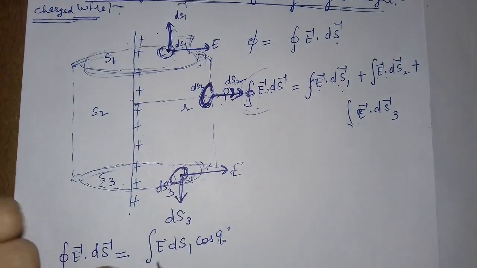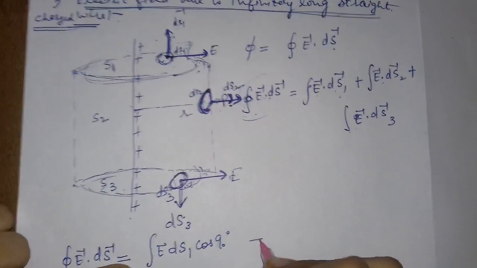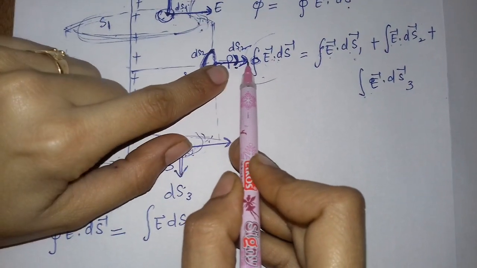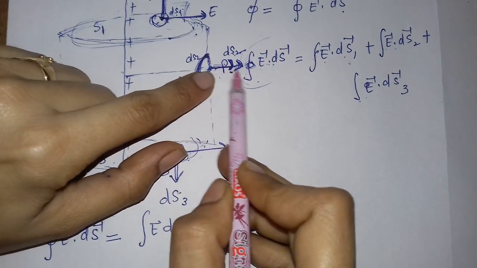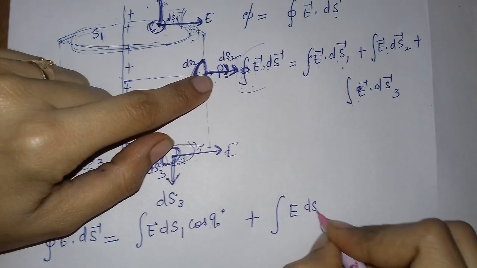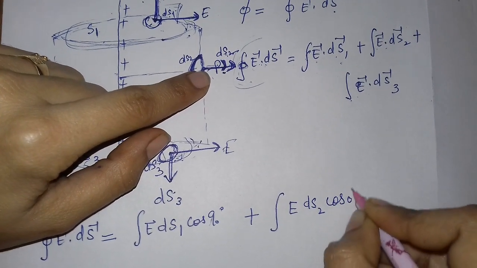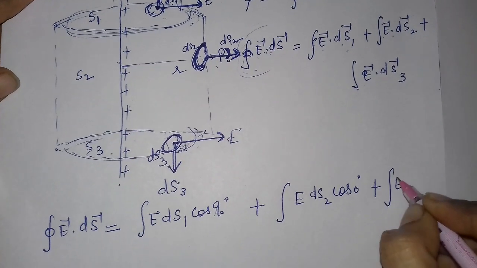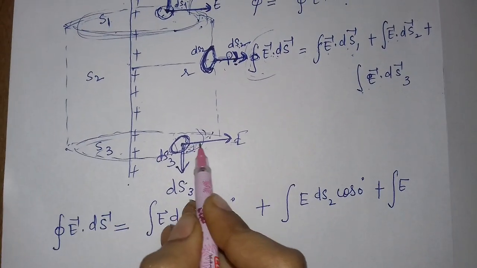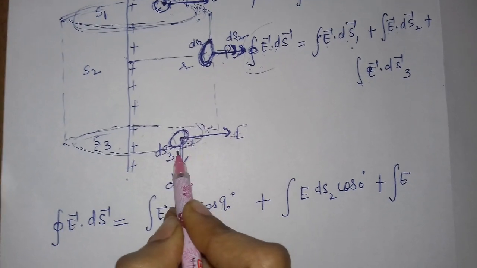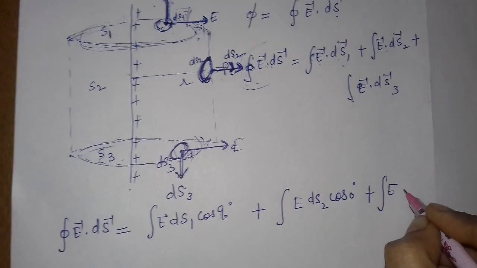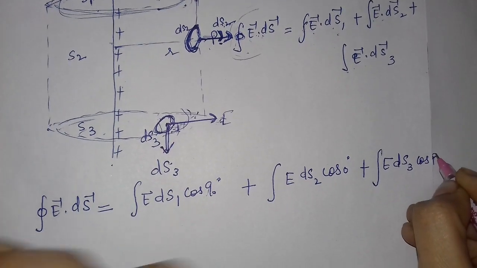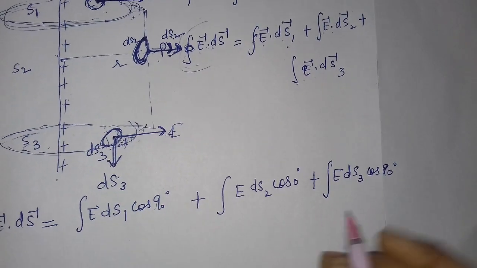This is over the surface S1. Then plus E ds2 cos 0 degrees, because the angle between E and ds2 is 0 degrees. Plus for the third, E ds3 cos 90 degrees, as the angle between E and ds3 is again 90 degrees, right?